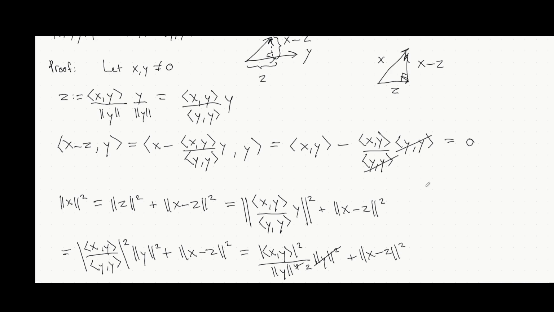and then we can cancel two of those. And because this norm has to be positive, this norm of x minus z squared is positive or 0 because it's a norm, or you can also think of it as the inner product of x minus z with itself, which is greater than 0 unless this number is 0.